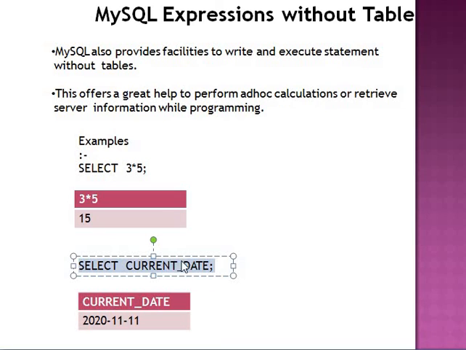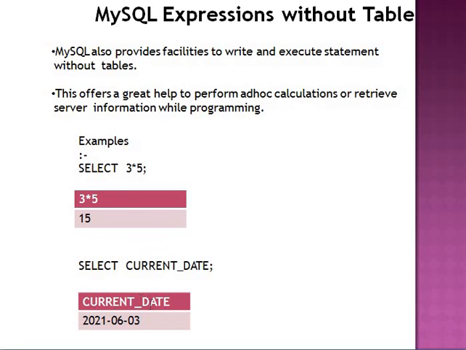Then this is another example of an SQL statement that doesn't make use of any table. This statement, select current underscore date, is going to display the current date in the output column. So under the output column current underscore date, I can see this particular date, that is 3 June 2021.